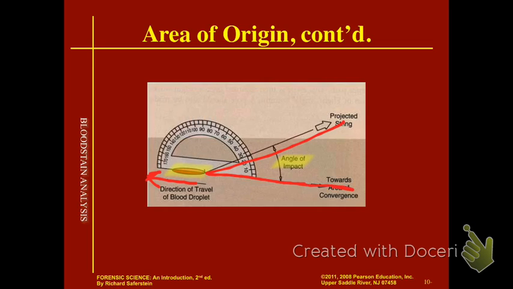We're going towards the area of convergence, which is going to be some sort of a vertical upright post. The string's going to attach to that vertical post, and then we'll see how high off the ground that wound was sustained.